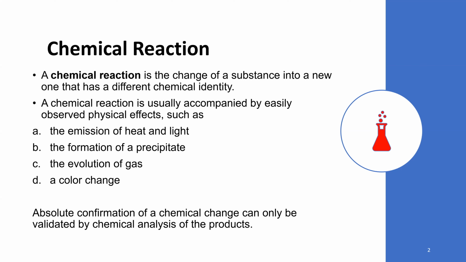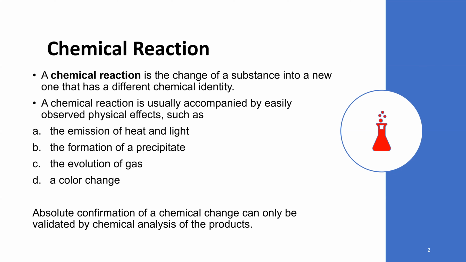Just with the equation, you are able to see the whole process: where it started, what the different intermediates are, and what the final product is. So chemical equations are used to show the chemical reaction in mathematical form.